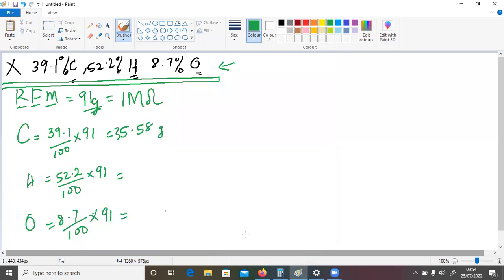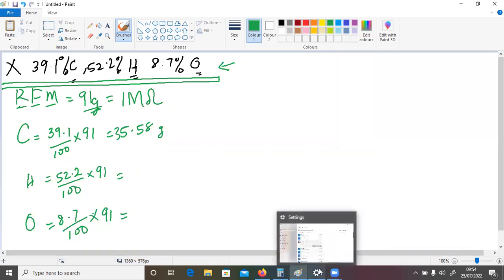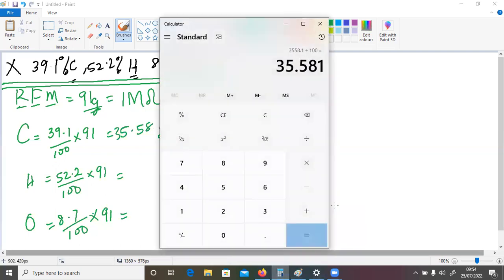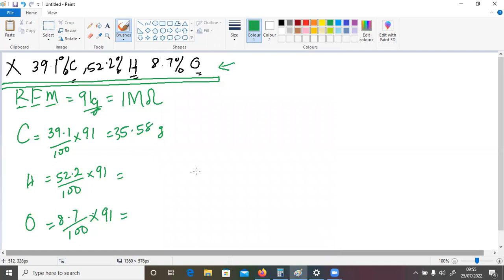Okay, what about hydrogen? 52.2 multiplied by 91 divided by 100 is 47.5 grams.